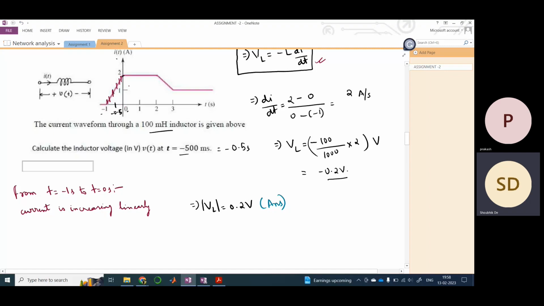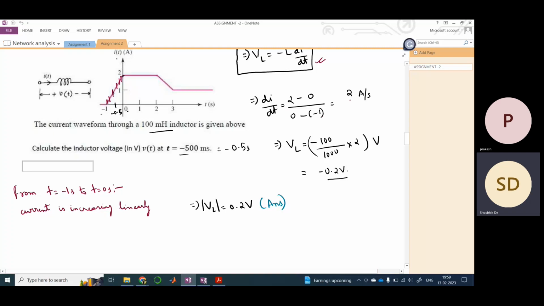So it doesn't matter whether they give you minus 500 millisecond or minus 300 millisecond or minus 100 millisecond, because on this straight line, whatever slope you calculate at any interval, it is constant. It is minus 2 ampere per second. So this is the funda, and that is why we are calculating the slope.